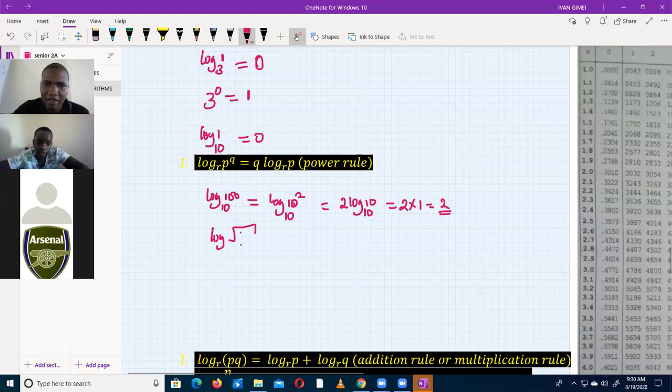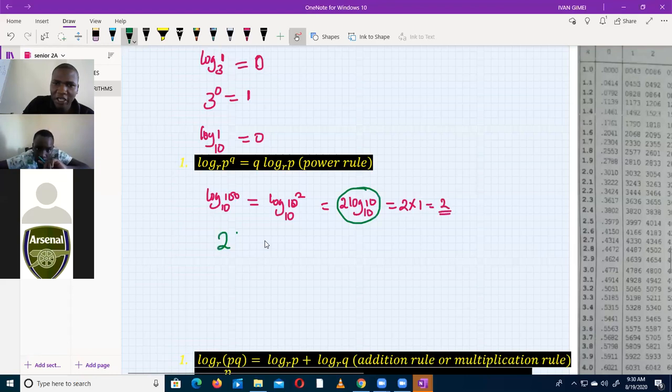Okay, let me explain that. Look at this step here. We're having 2 log of 10 base 10.